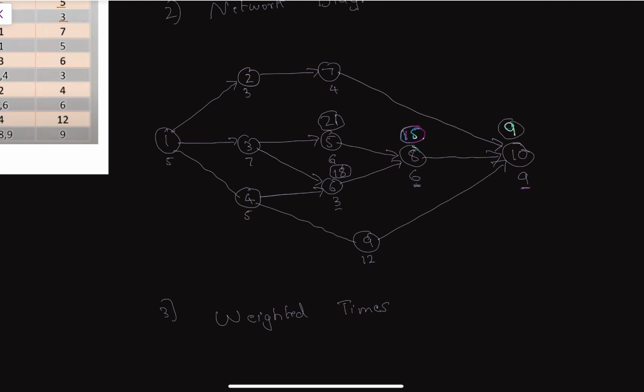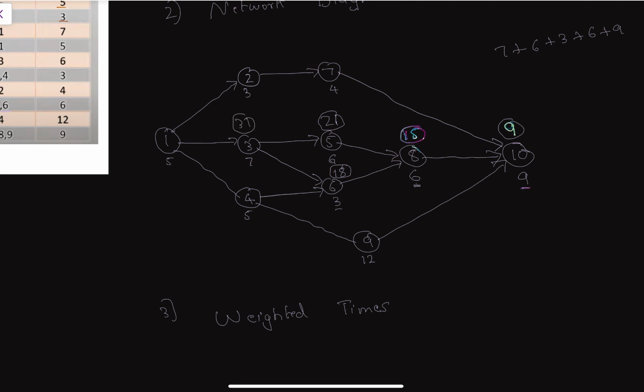And for node 3, you can see that it goes in two ways: 1 2 3 5 8 10, and also 3 6 8 10. So you need to sum up all the values, that is for node 3, 7 plus 6 plus 3 plus 6 plus 9, so it will be 31.